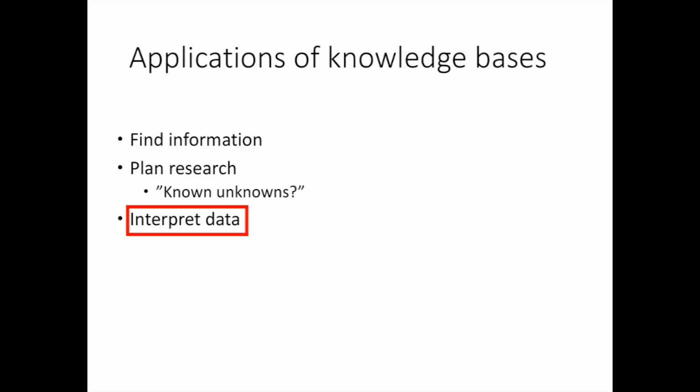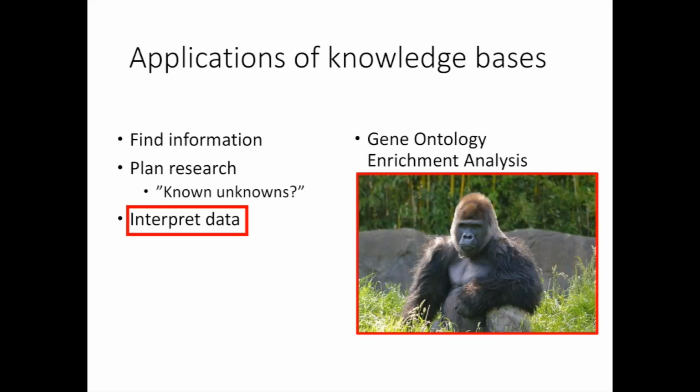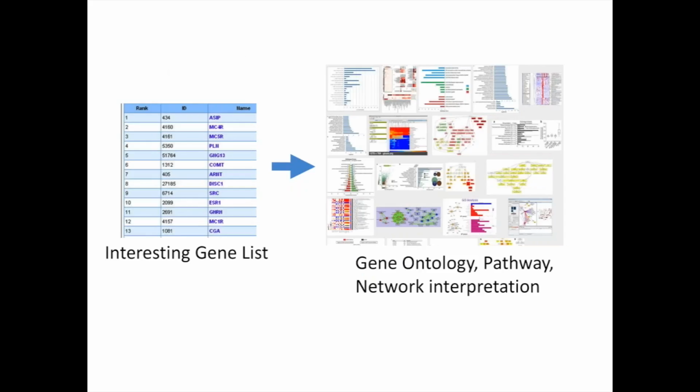And so this is kind of the focus, and really gene ontology enrichment analysis is probably the most commonly applied use of knowledge bases in the context of biology. The way this basically works is that you have some interesting list of things, for example genes.